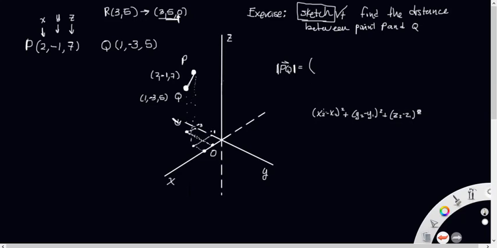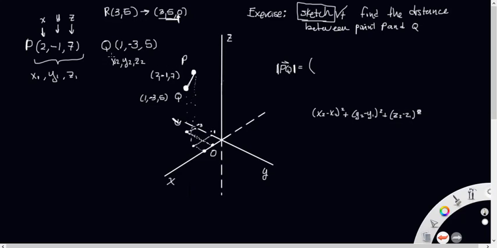So if we apply this formula, all this triple will be x sub 1, y sub 1, z sub 1. And the second point will be x sub 2, y sub 2, z sub 2.